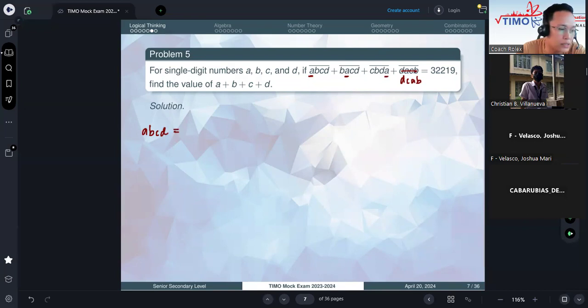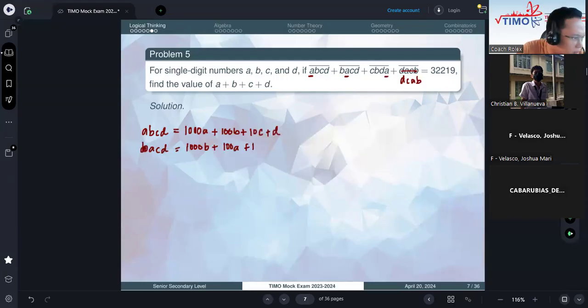So this can be expressed as 1000A plus 100B plus 10C plus D. Your BACD is equal to 1000B plus 100A plus 10C plus D. Then ADBC.